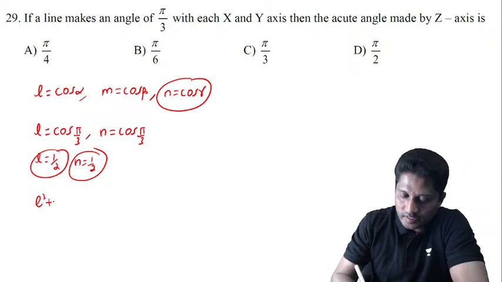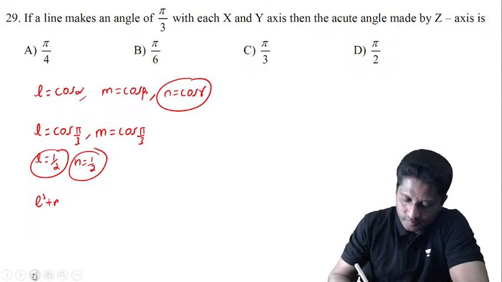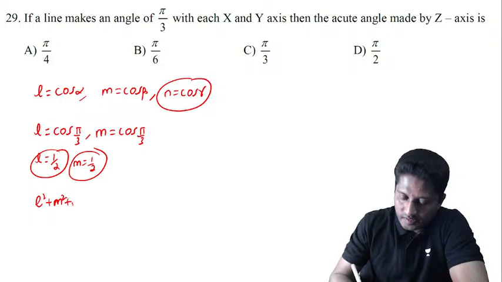L square plus m square plus n square is equal to 1. 1 by 4 plus 1 by 4 plus cos square gamma is equal to 1.